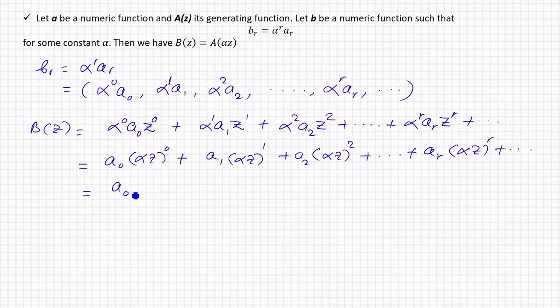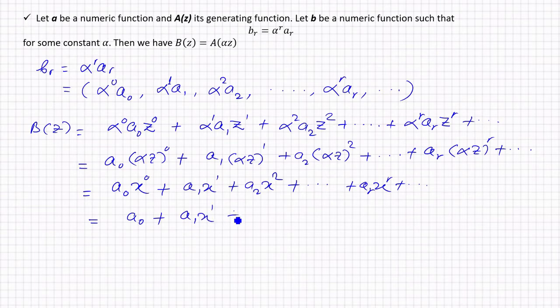It can be written as a_0, let alpha z is x, then a_0 x to the power 0 plus a_1 x^1, a_2 x square, plus a_r x to the power r and so on, or it is nothing but a_0 plus, x to the power 0 is 1, a_1 x to the power 1 plus a_2 x square plus a_r x to the power r and so on.